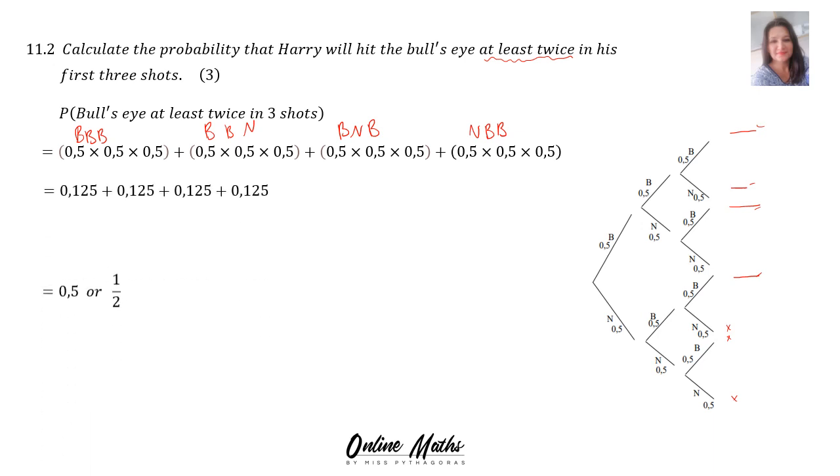When you multiply that out, you get the answer is 0.5 or a half. And then where are your marks? It's for the 0.5 times 0.5 times 0.5 as you go along the branches, and then the fact that there are 4 events, 4 of them, and then your final answer.